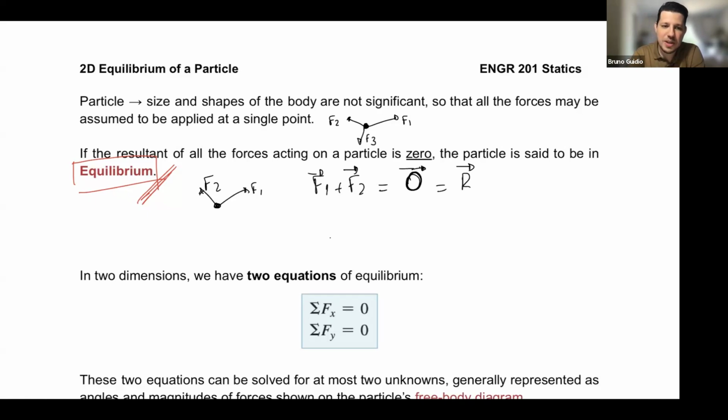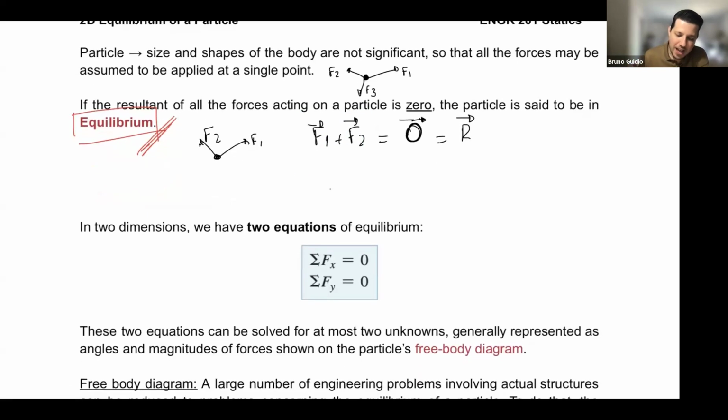So this is what we're going to work on today. And actually statics is pretty much equilibrium equations. That's what we're going to work with a lot. So in 2 dimensions, right now we just talked about vector 1 and vector 2. Once we sum them, it's going to be 0.